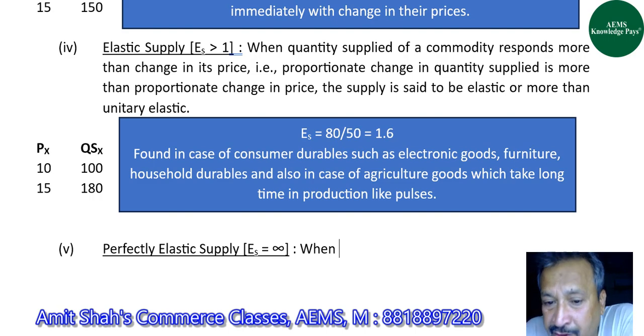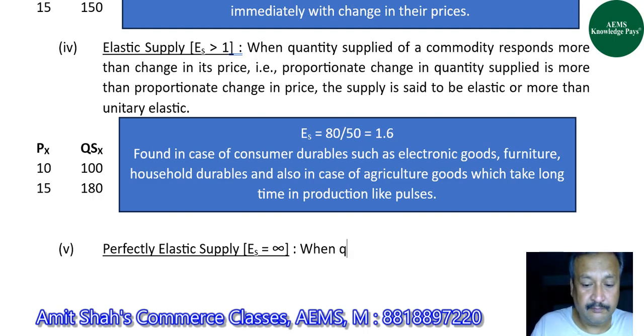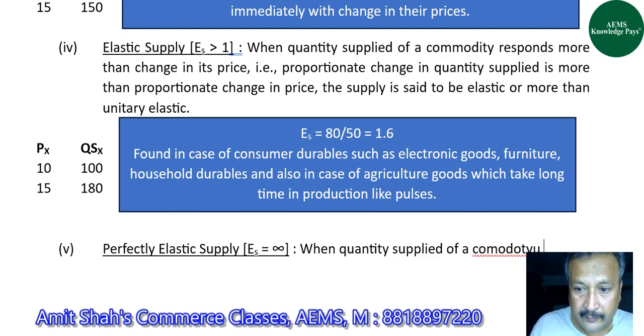They had overproduction. The same happens in case of agricultural goods also, where sometimes there is bumper production. Bumper production means you did not expect that much production. Have you understood this or not? I'm asking. Yes, sir.